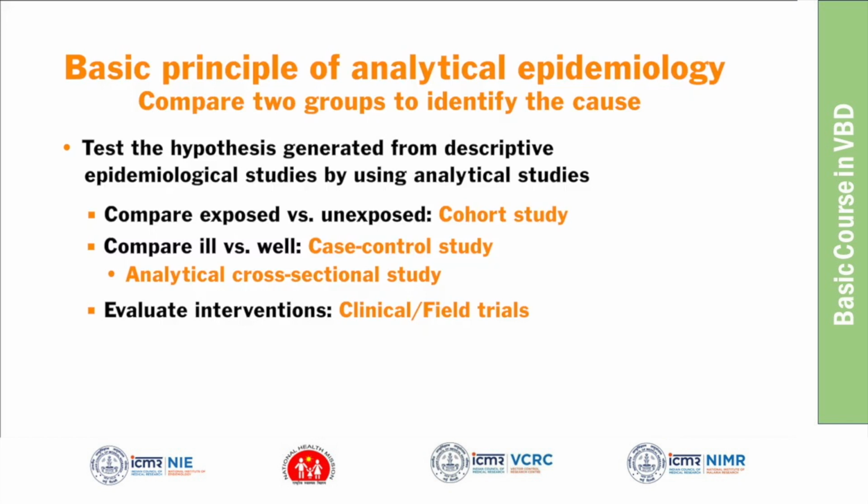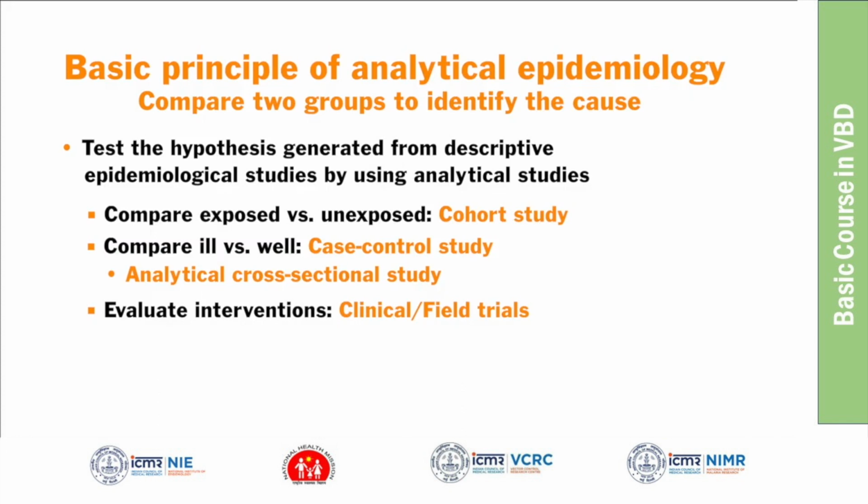So we can do a cohort study, which is an analytical study to examine the hypothesis derived from descriptive epidemiology. Second, we may compare diseased and non-diseased. A particular area has people who are affected with a particular problem, and we compare them with another individual within the same village or setting who is not affected, and make valid comparisons in terms of whether both have a particular exposure factor.